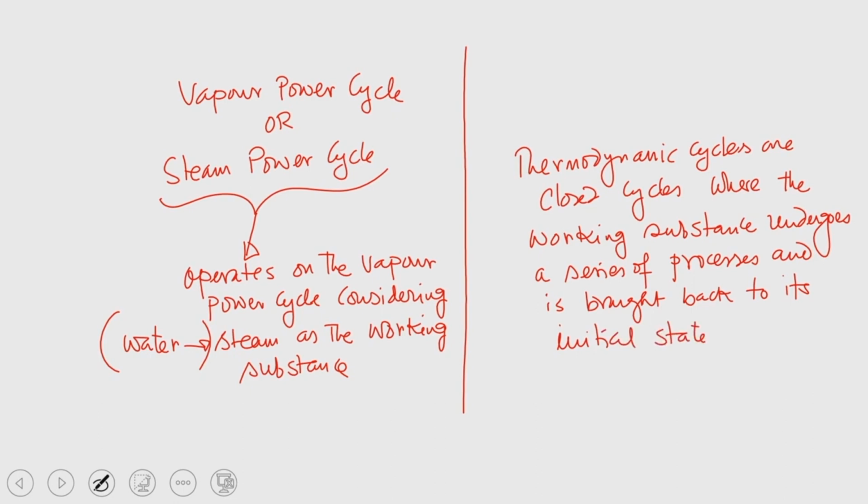Is this good enough to call a cycle a thermodynamic cycle? I may add here that the working substance undergoes through a series of processes and is brought back to its initial state.